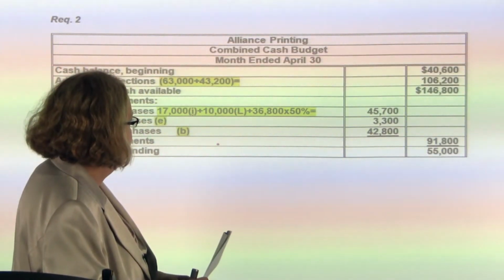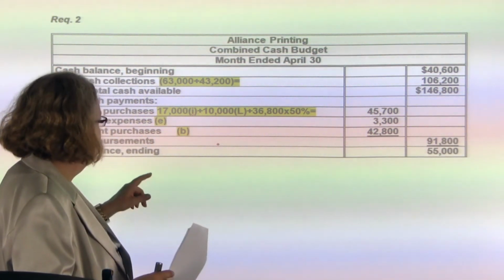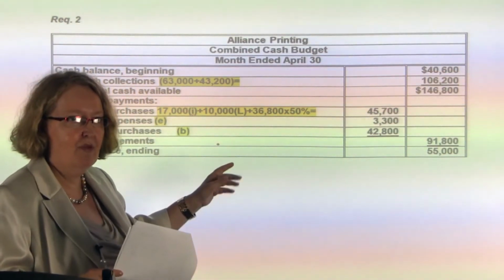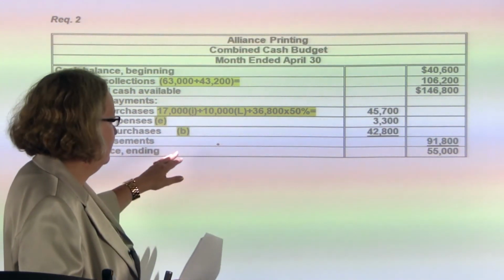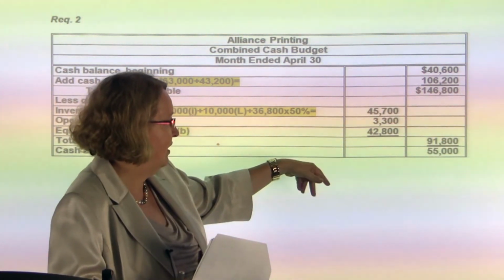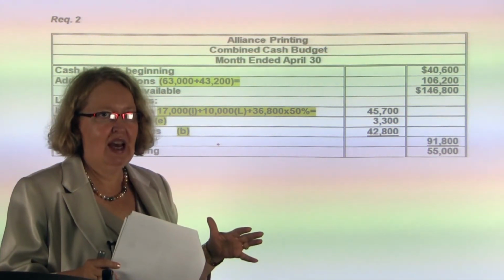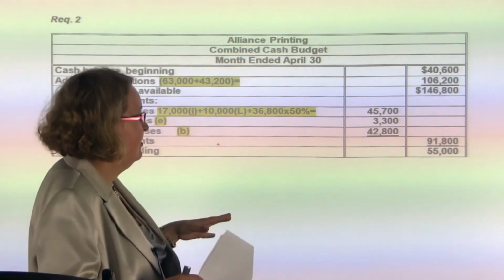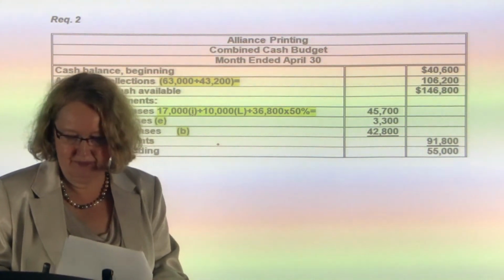So that comes to your 45,700. Operating expenses, so that's the cash portion that you're paying for in this month, is your 3,300. And your equipment purchases, part B, you're paying for all of that in cash, 42,800. So again, this is another way to look at your cash to prove that your calculations are in fact correct. So that's your cash budget.